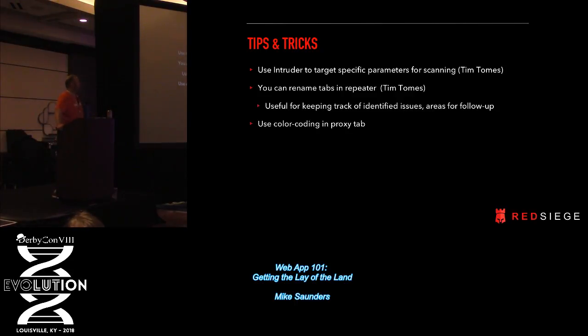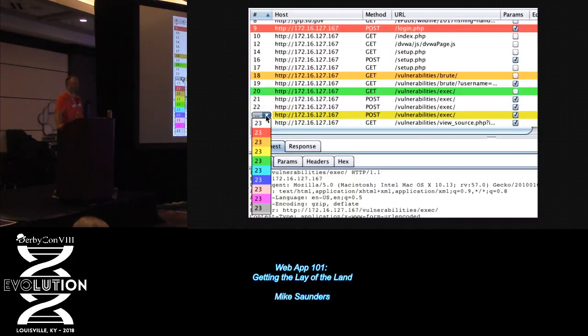In the intruder, or in Burp, in the proxy tab, you can use color coding to keep track of things. So whatever you choose to use it for, I don't use this a whole lot other than to maybe mark where login and log out requests are. I will use it to mark where certain significant events happened, and then I'll record that elsewhere as well.